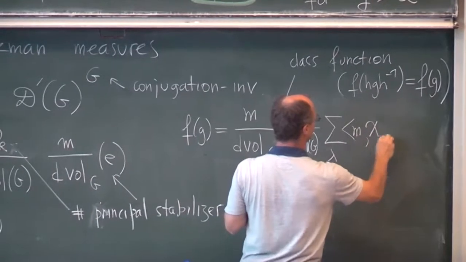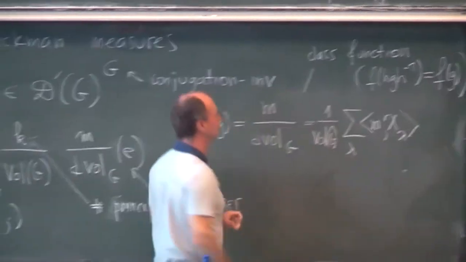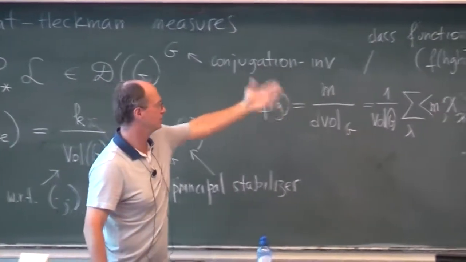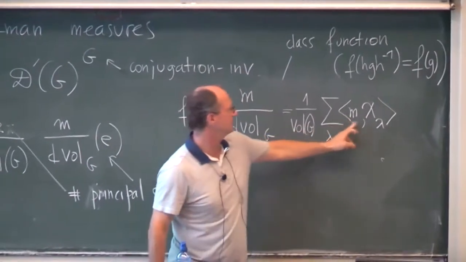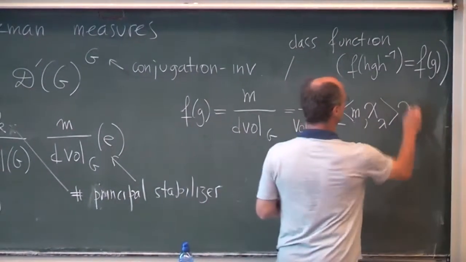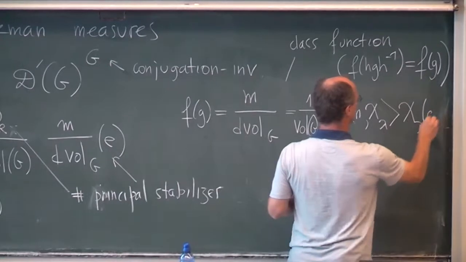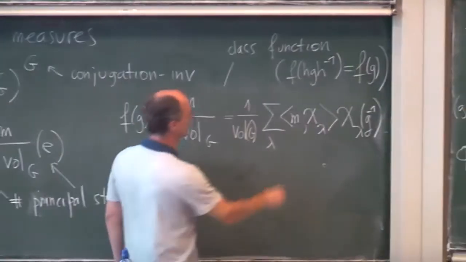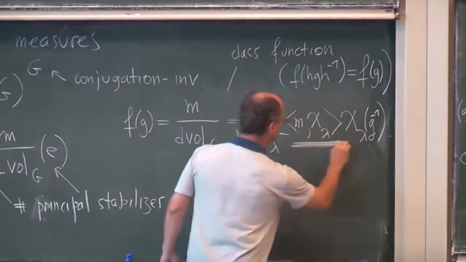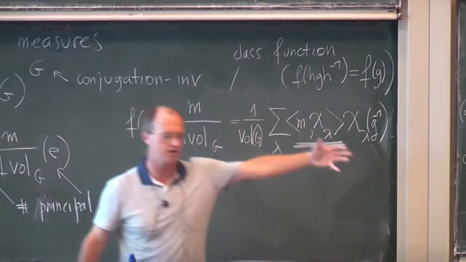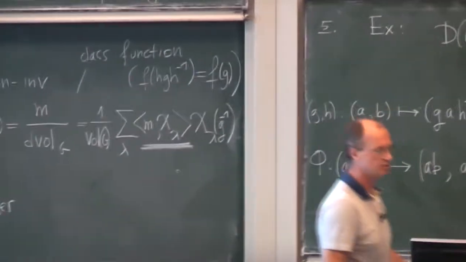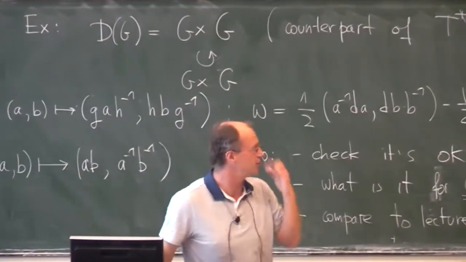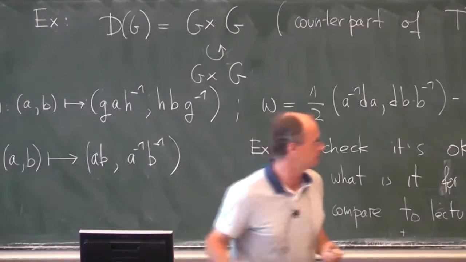So here would be chi of lambda, the pairing of the integration between our measure and chi of lambda, and here chi of lambda of g inverse. So basically what we need to compute in the end are those coefficients. We need to take this measure and compute the Fourier coefficients with respect to irreducible characters.